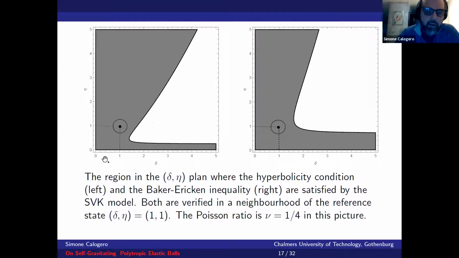So they're not satisfied for all delta and eta, but they are satisfied in a neighborhood of the reference state, which I remind you in this formulation is the state delta equal eta equal 1. So as long as the deformation is not too large, this model is admissible, in the sense that it satisfies the inequality that I just presented.